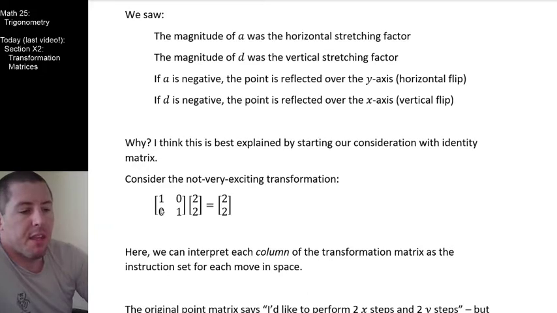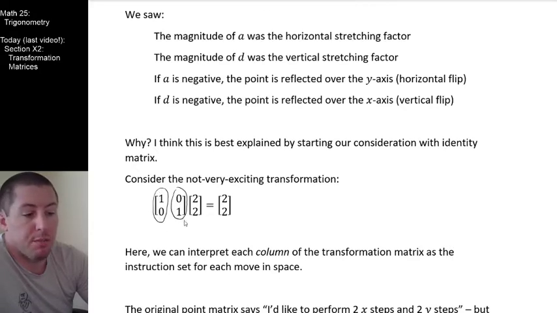All right. The thing that I'm seeing right here is that this seems to be describing how we move in the plane based on the number of steps that we want to take. So what I'm doing here is interpreting each column of the transformation matrix as the instruction set for the move in space.